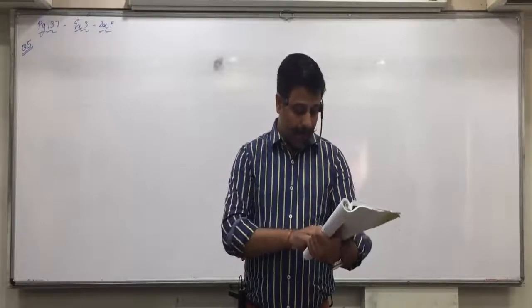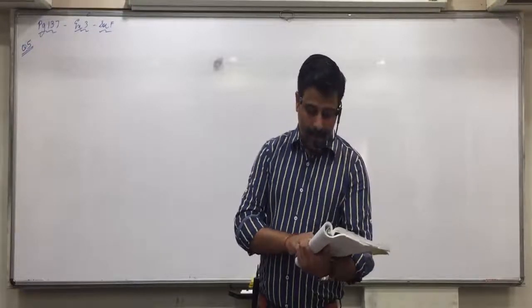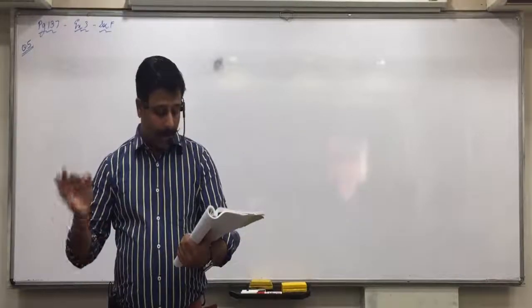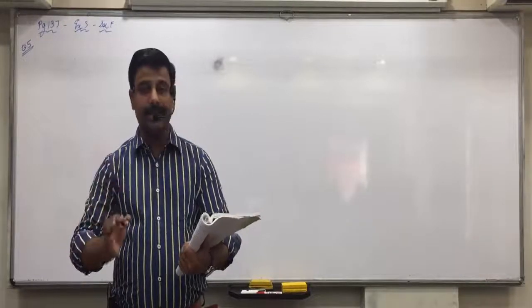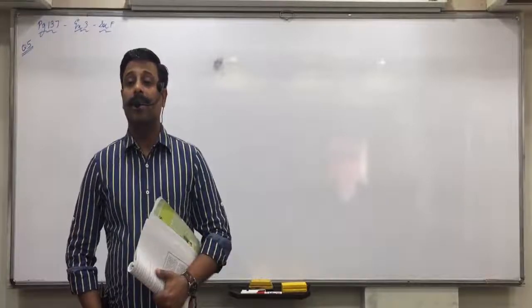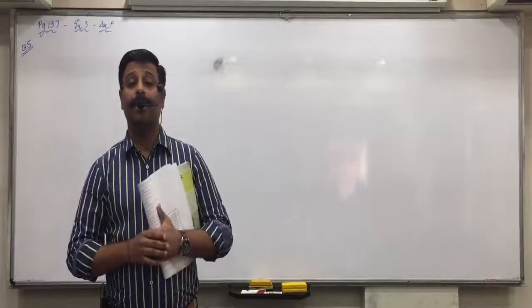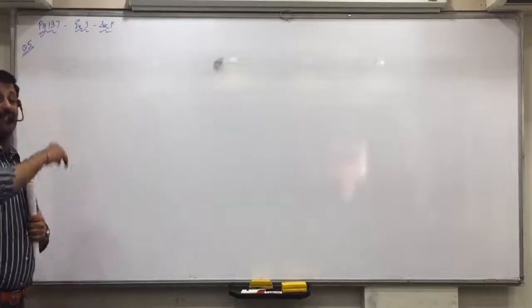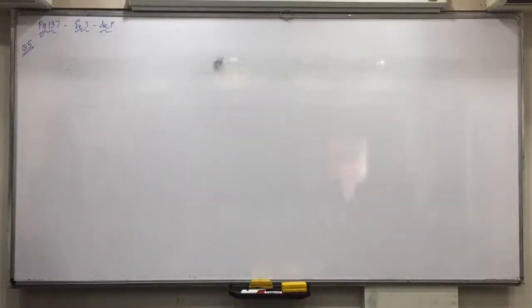Now, if the percentage of results follows normal distribution, then find mean and standard deviation. If you remember, we did a question where two equations were formed, and solving the two equations we obtained the value of mu and sigma.